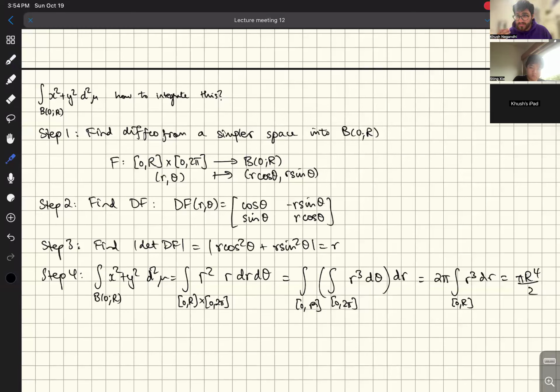Because we motivated integration in multiple dimensions using the determinant, which is already a rank n alternating tensor. And now we can see that we're pulling things back, and the pullbacks are very reminiscent of tensor-like things.